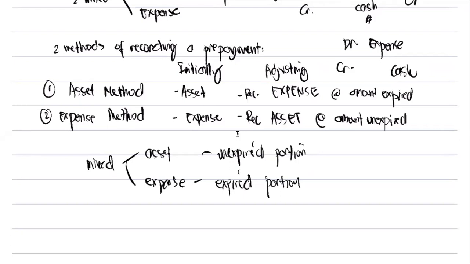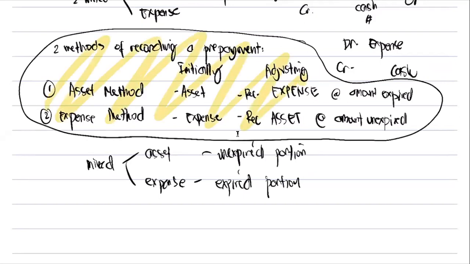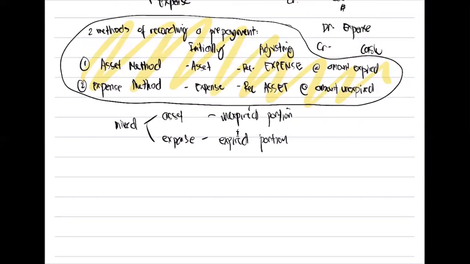Okay, so if ever we use this, then we need to make our journal entries based on this method. So initially, under your asset method, we record an asset. We adjust by recording an expense at amount expired. For your expense method, initially, we record it as an expense. We adjust it by recording an asset at amount unexpired.